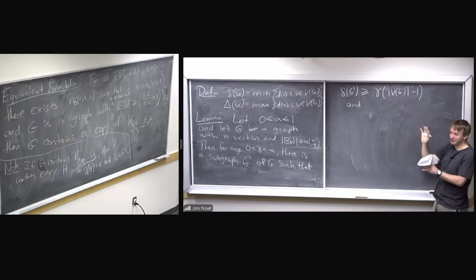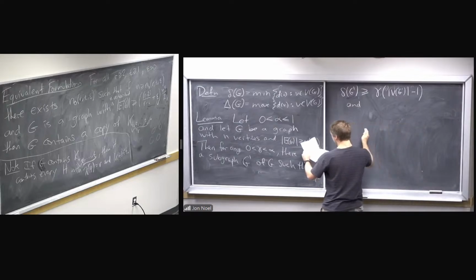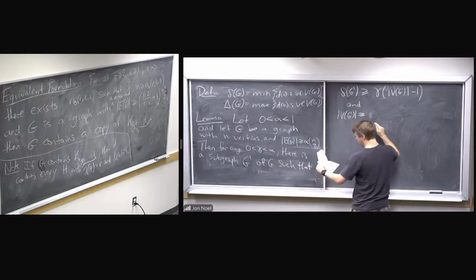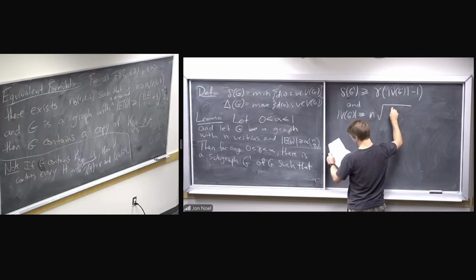I don't want some trivial, stupid thing to happen. So I want the number of vertices in G prime to be at least n times the square root of the fraction (alpha minus gamma) over (1 minus gamma).